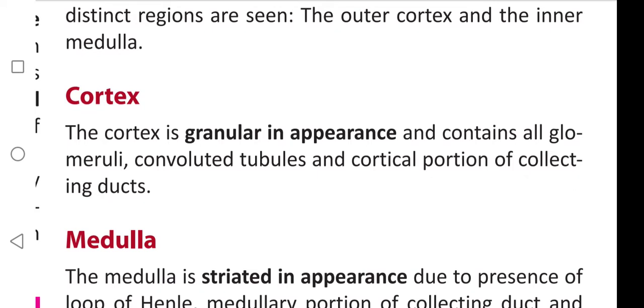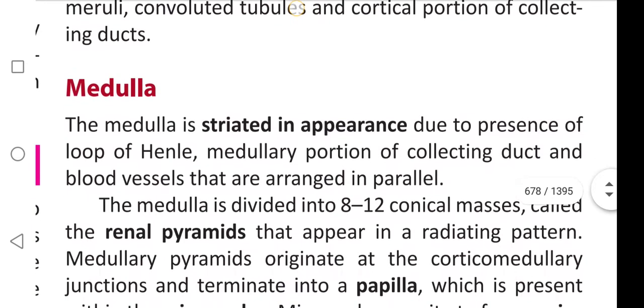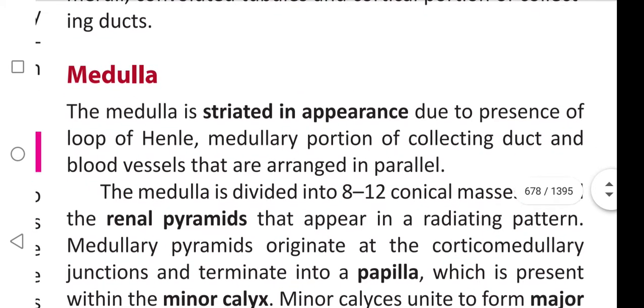It is granular in appearance and contains all glomeruli, convoluted tubules, and the cortical portion of the collecting duct. And next about the medulla. It is striated in appearance due to the presence of the loop of Henle, as well as the medullary portion of the collecting duct and blood vessels that are arranged in parallel.